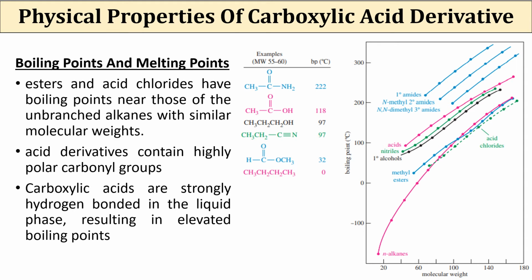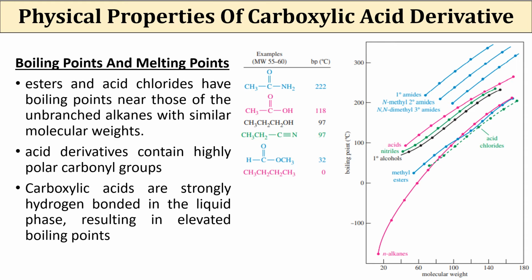Physical properties of carboxylic acid derivatives. The physical properties of acid derivatives depend largely on their polarity and their hydrogen bonding properties. The graph shows the boiling points of simple acid derivatives plotted against their molecular weights. The n-alkanes are included for comparison. Notice that esters and acid chlorides have boiling points near those of unbranched alkanes with similar molecular weight.